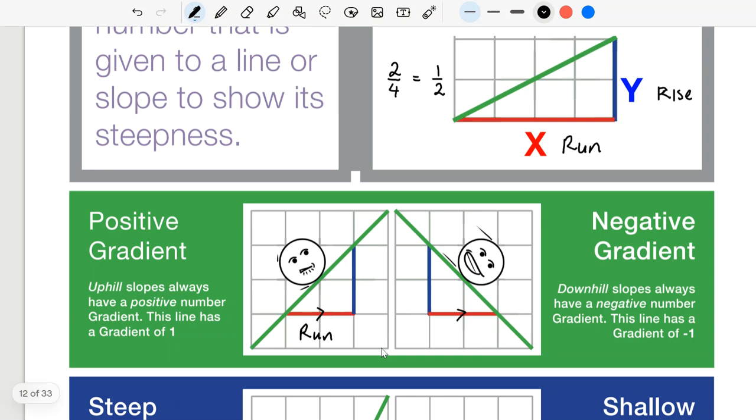So that's always a positive number. But the rise in this case is going up, so we have a rise which is positive, but this one is going down, so the rise is negative. That's why we get a negative gradient.